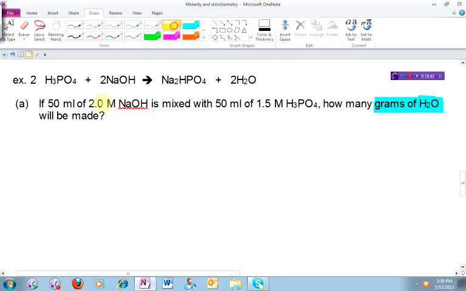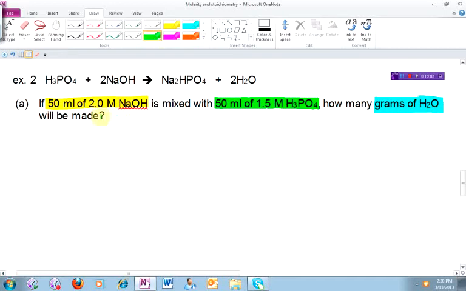We are given 50 mL of a 2 molar solution of NaOH, sodium hydroxide, and 50 mL of a 1.5 molar solution of phosphoric acid. We want to figure out how many grams of water is produced.